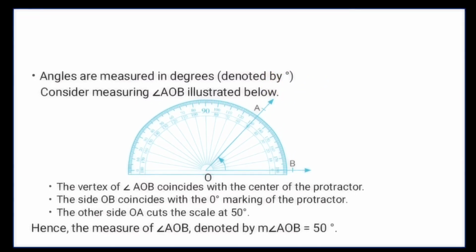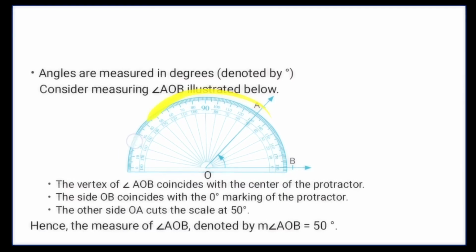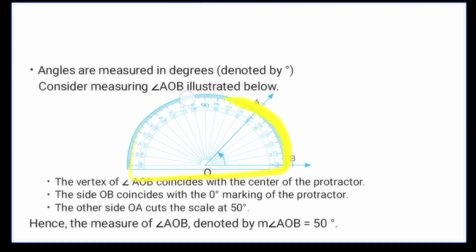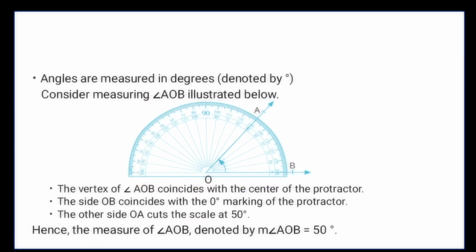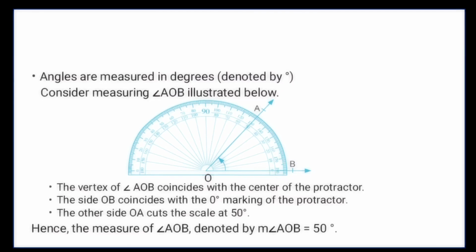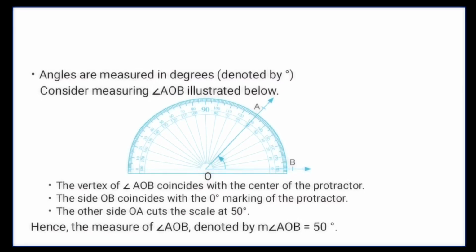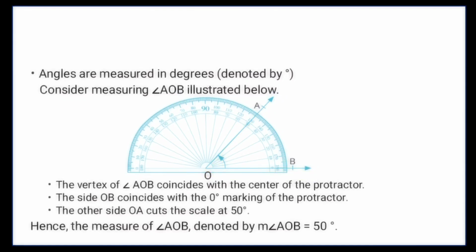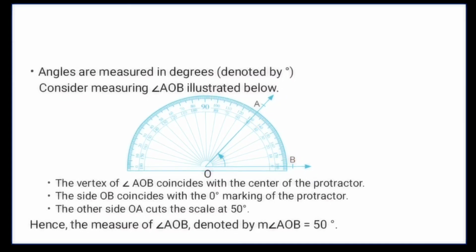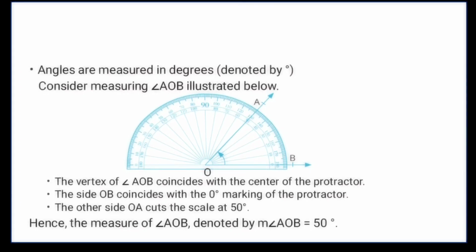Then consider measuring angle AOB illustrated below. So this is an example of a protractor that is a half circle with different numbers denoting the measurement of the angle. Okay, so we measure angle AOB using the protractor. The vertex of angle AOB coincides with the center of the protractor.